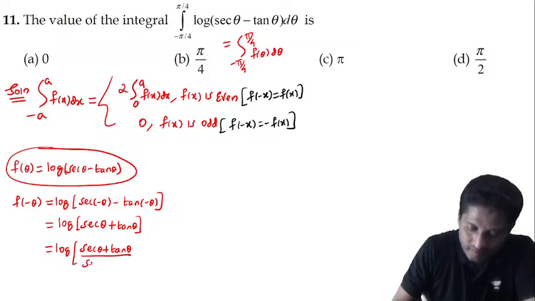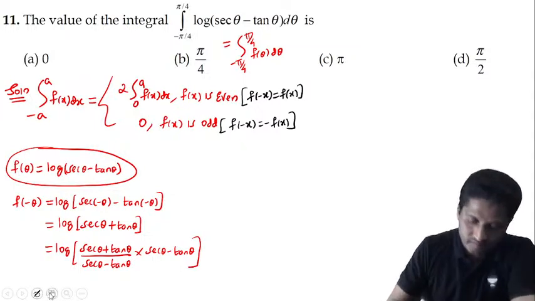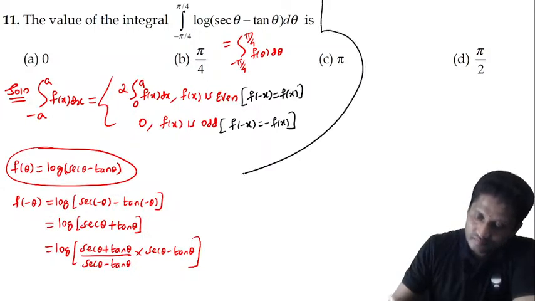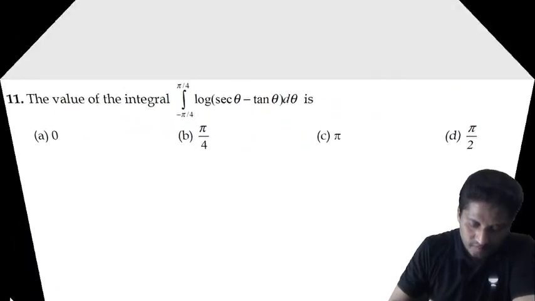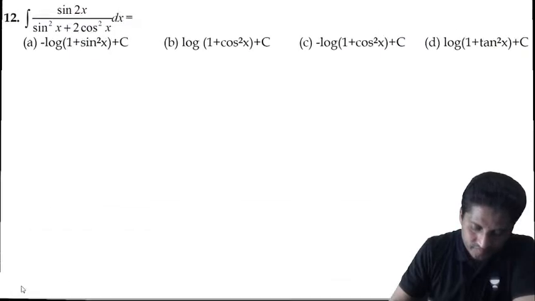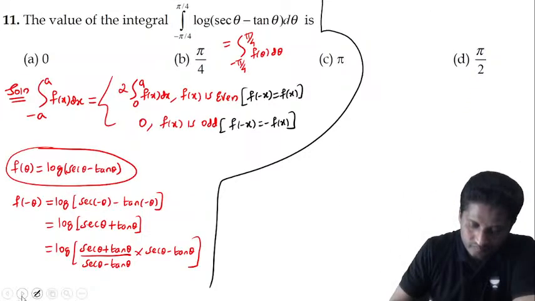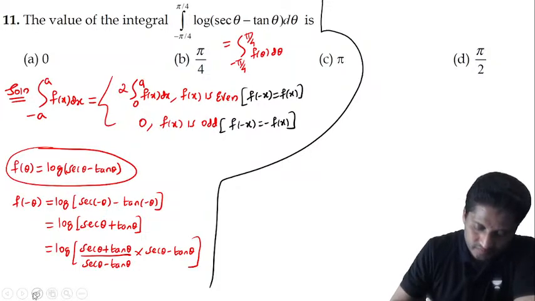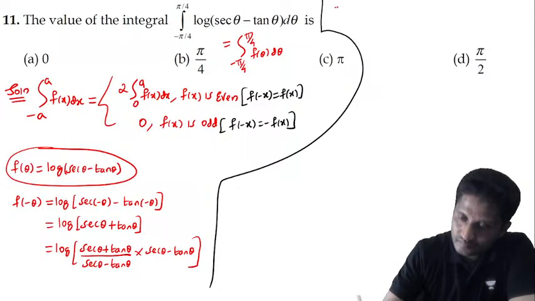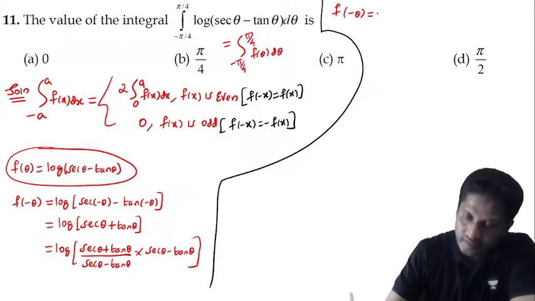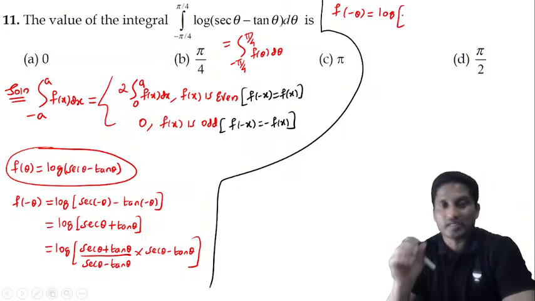I'm going to multiply and divide by sec minus tan. So f of minus theta is equal to log of sec plus tan into sec minus tan, divided by sec minus tan.